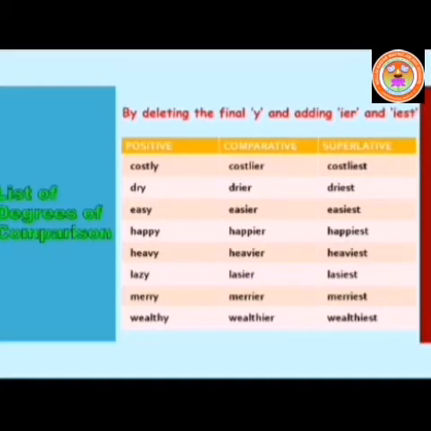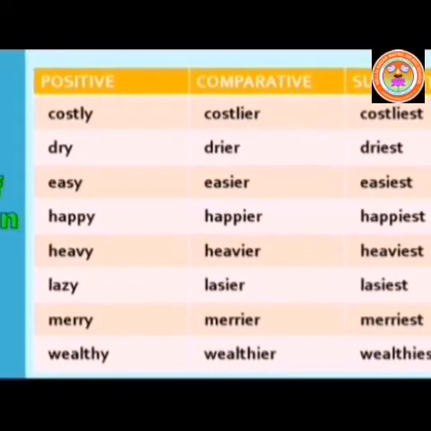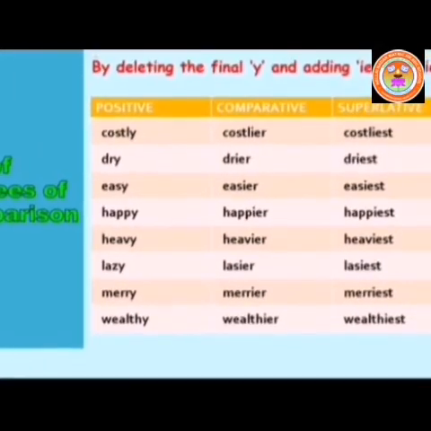Then superlative degree, costly, then iest, costliest. Dry, drier, driest. Easy, easier, easiest. Happy, happier, happiest. Heavy, heavier, heaviest. Lazy, lazier, laziest. Merry, merrier, merriest. Wealthy, wealthier, wealthiest.